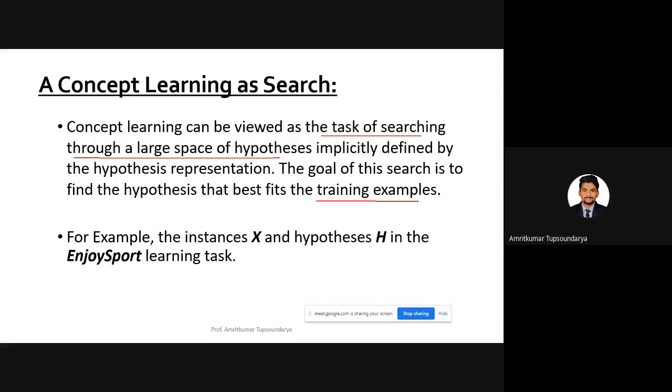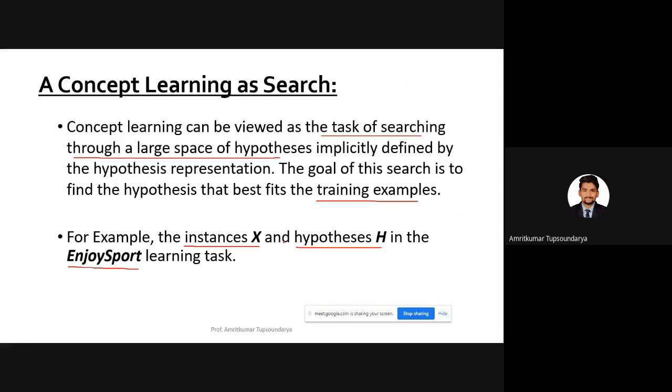Just for the example we talked about in our previous lecture, using the same example, that is EnjoySport, the instance space X and the hypothesis space H in that particular EnjoySport can be the concept learning as a search.